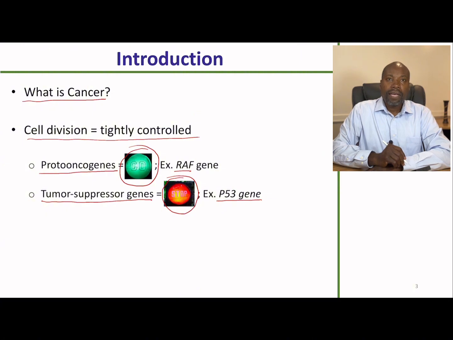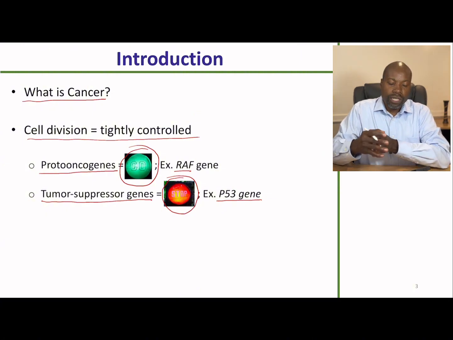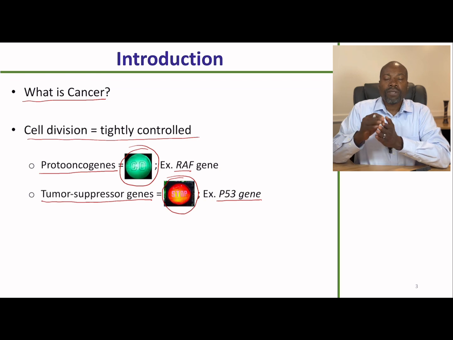Now, if I were to take an analogy for genes associated with a cancer situation, the proto-oncogenes are like the gas pedal in a car, right? So that when you hit the gas pedal, it's for the car to move on and to move faster and faster.